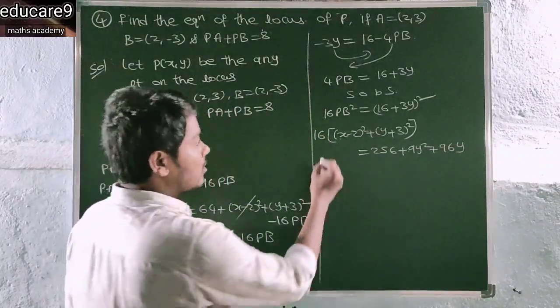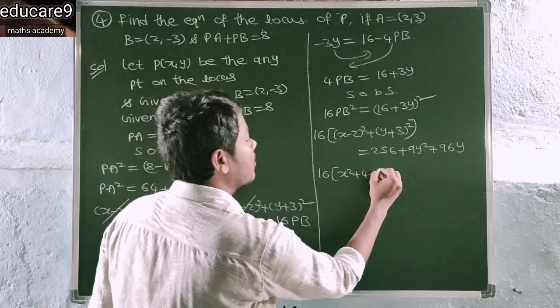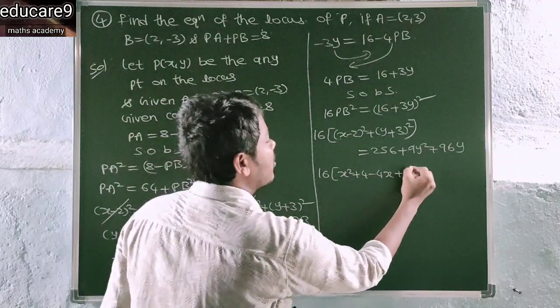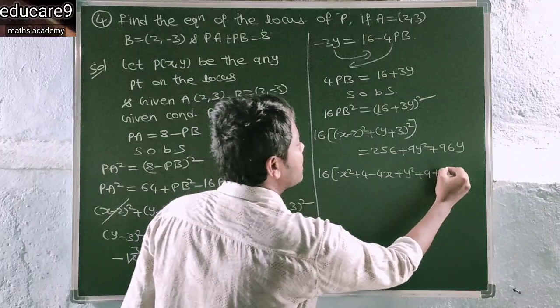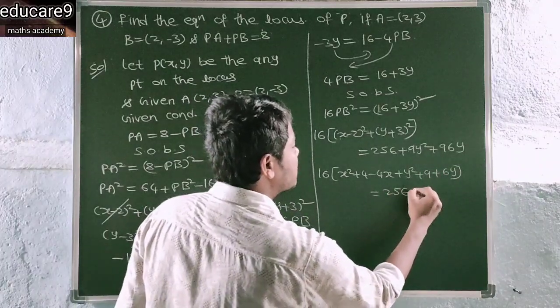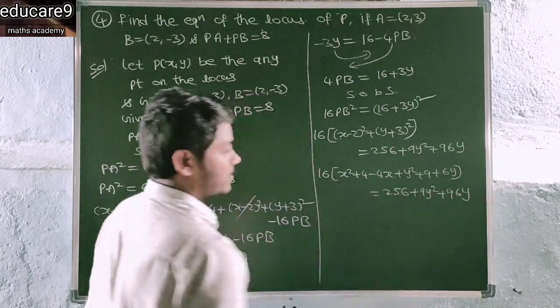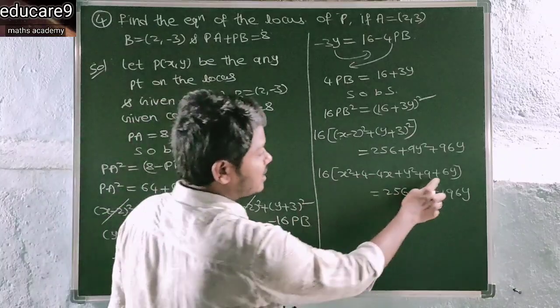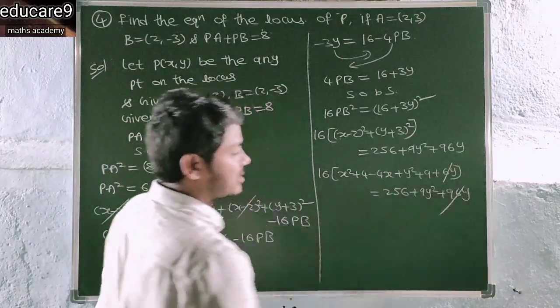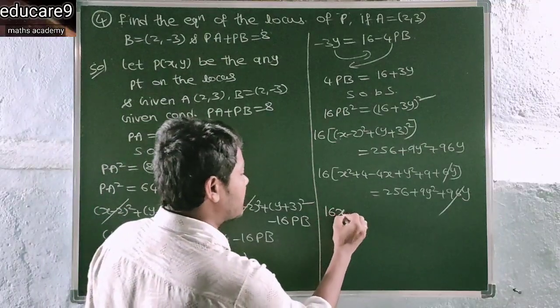Okay. Now this is 16 into (x square plus 4 minus 4x plus y square plus 9 plus 6y) is equal to 256 plus 9y square plus 96y. Here 16 into 6y, 96y, here plus 96y gets cancelled. Now this is 16x square.